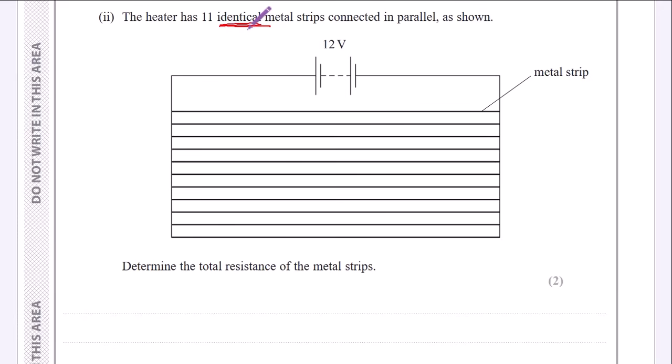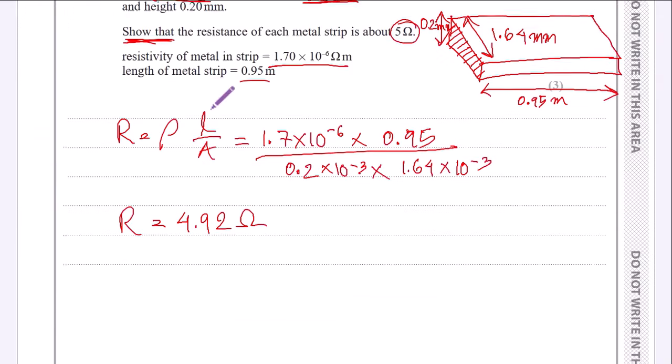So I have a small trick for you: when identical resistors are connected in parallel, the total resistance is an individual resistance divided by the number of resistors. So our total would be the individual resistance that we just found in the previous part of the question.